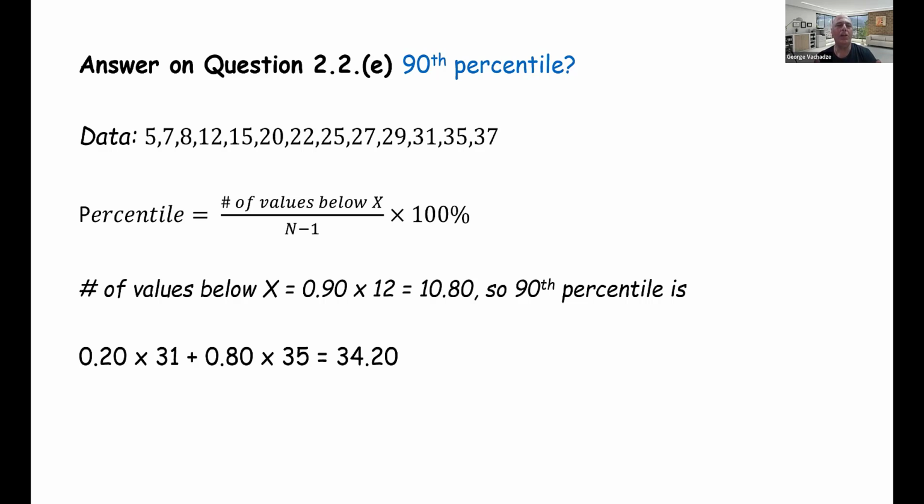So what we need to do is weight 31, which stands in the 11th position, and 35, which stands in the 12th position, by the weights 20% and 80%, and that gives us 34.20. So 34.20 is the 90th percentile.